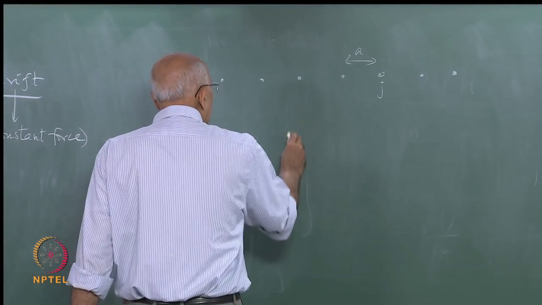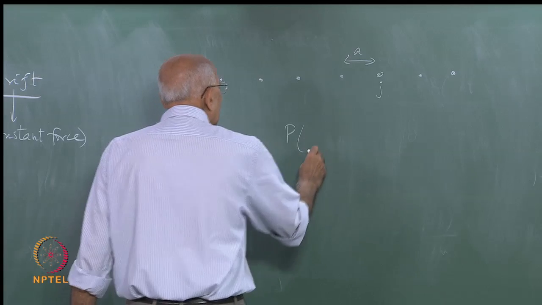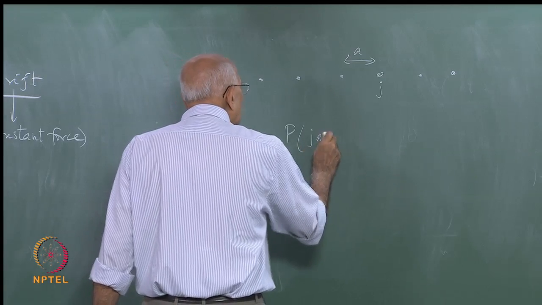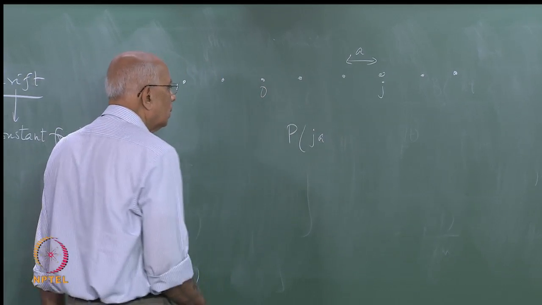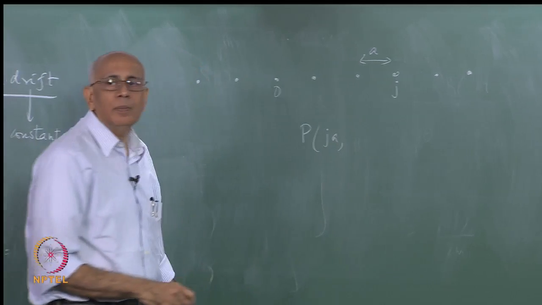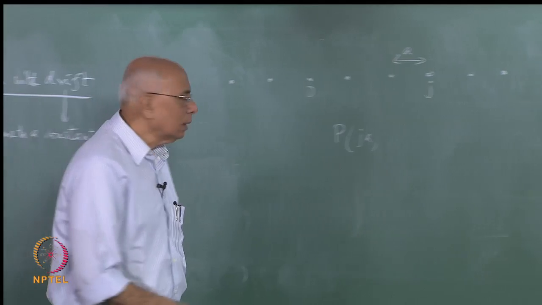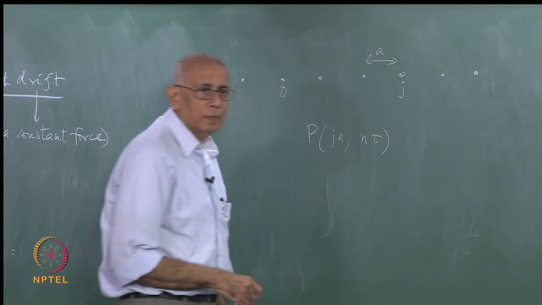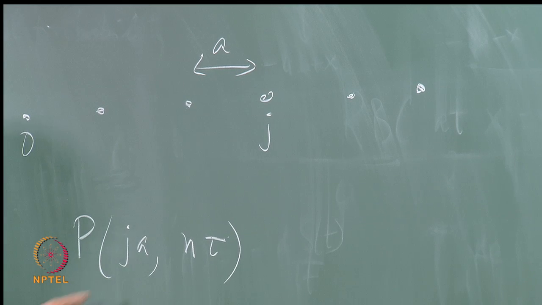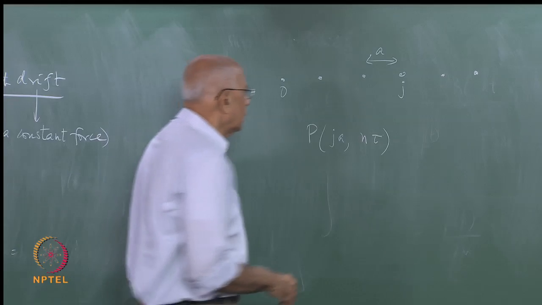So now I ask, what is the probability P that the walker is at the point ja in the x direction, so I start with some 0 here, at time step n, or if you like at time n tau? Okay. So this is the space point and this is the time here.